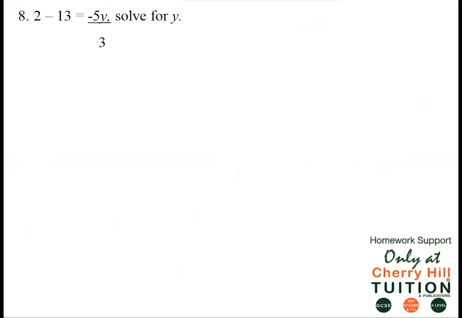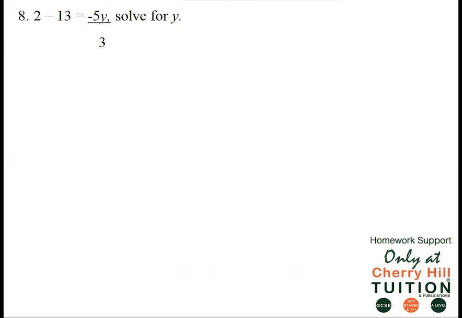Okay, so question 8, we have 2 minus 13y is equal to minus 5y divided by 3, and we need to solve for y. So again, we are solving for an unknown. And we need to ask ourselves, what is stopping the y from being on its own?